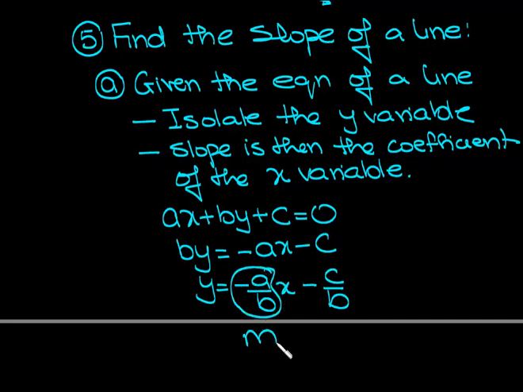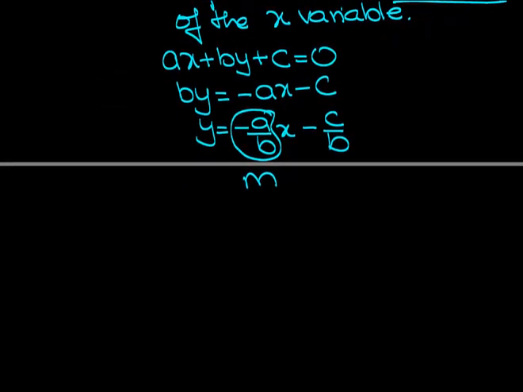So this would be my m, my slope, the coefficient of the x term. So if you're given the equation of a line, you can easily find the slope by isolating the y variable, and the coefficient of the x variable becomes your slope. That's one way to do that.